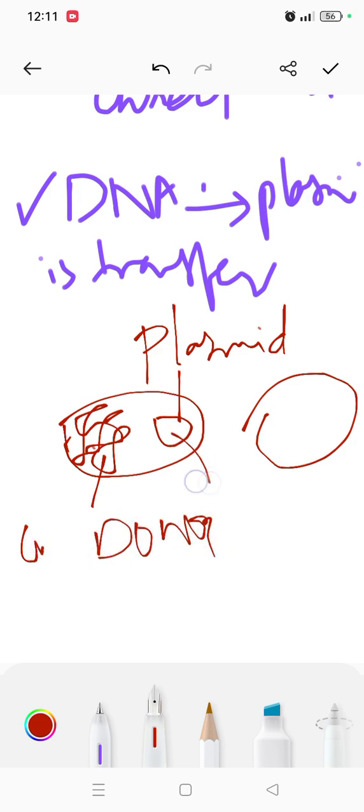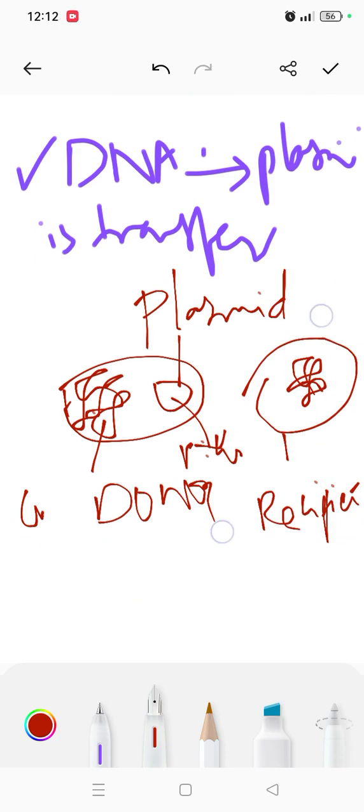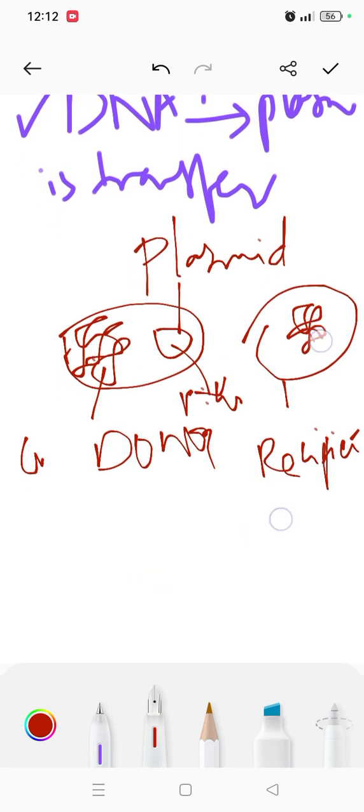Why? Because this plasmid is given through the pilus, and this is the recipient, which means it will accept. And here we also have DNA. I'm sure this is not a very good diagram, but I do have a picture where you can get it very easily.